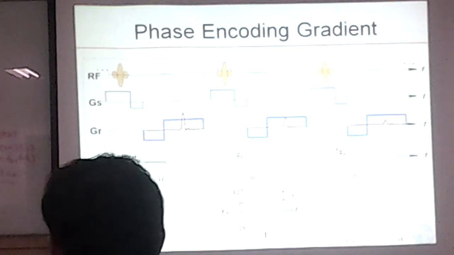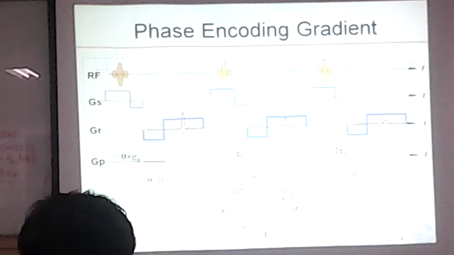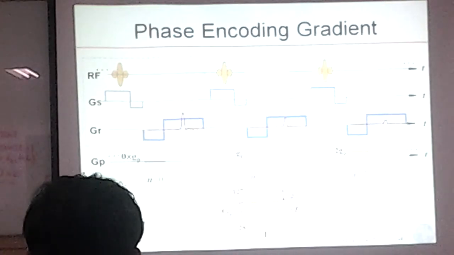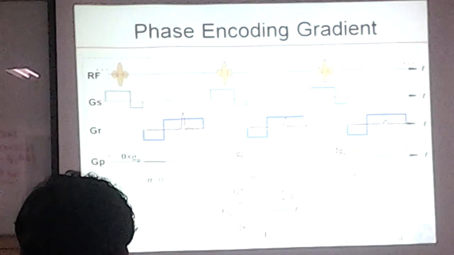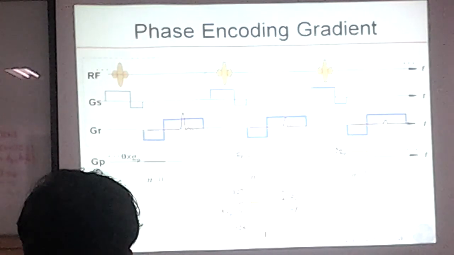If n is minus, how about the shape of the signal? Is it better or still no? It depends on the phase encoding gradient and frequency encoding gradient. Sometimes the signal has opposite polarity, but not always.